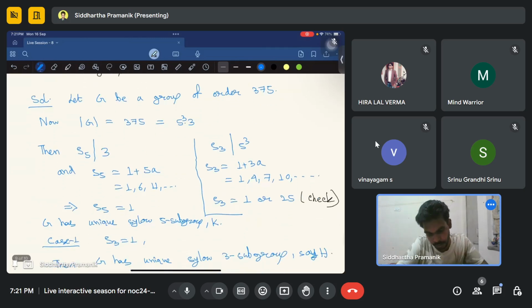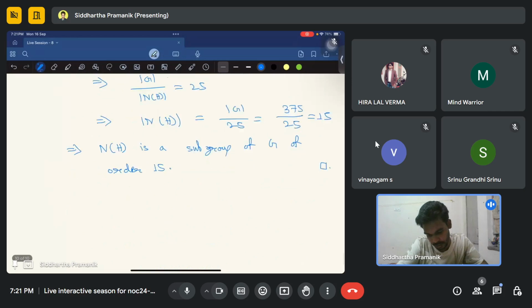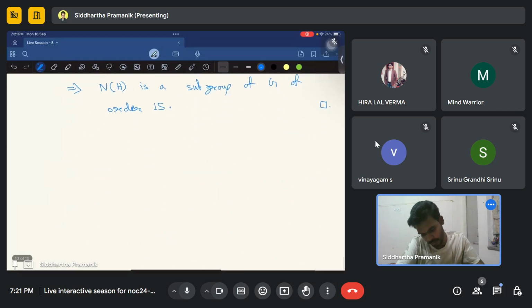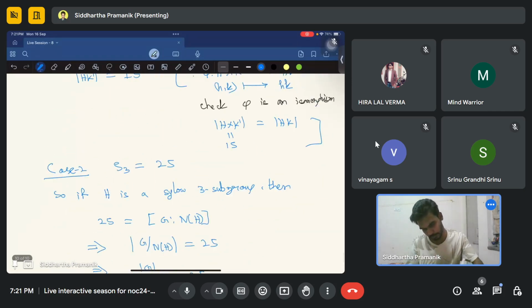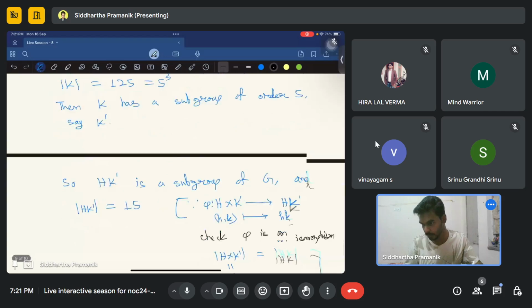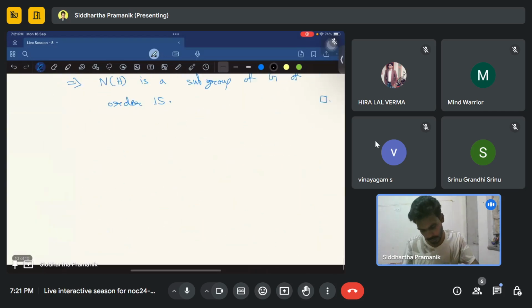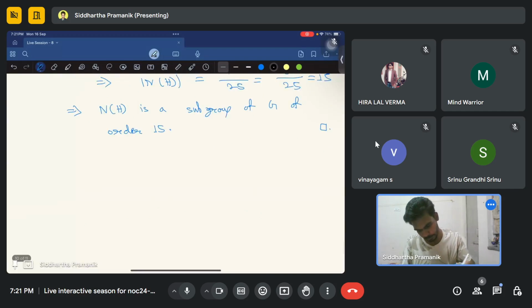Okay, now let's do some problems on class equation as I have promised in the last session. So this is problem number 9.